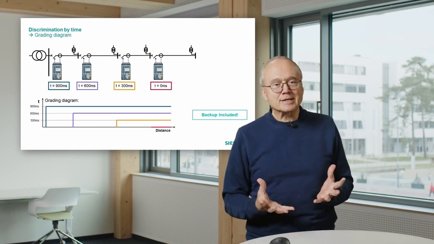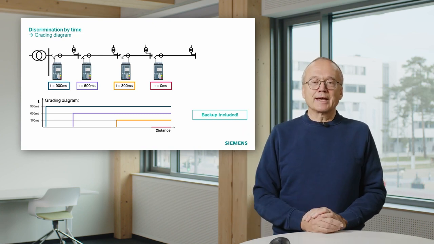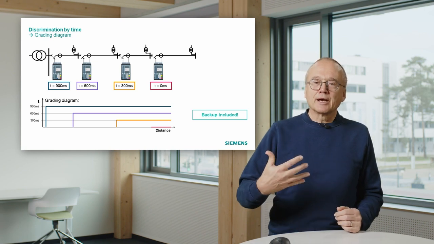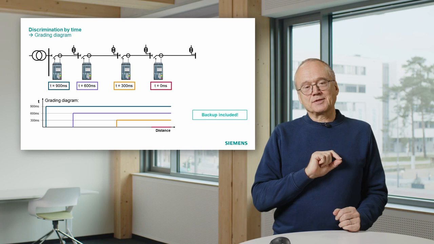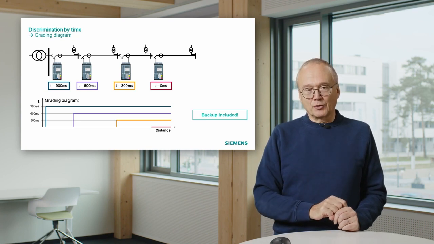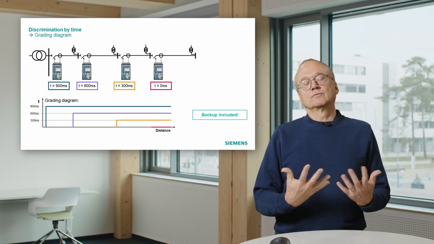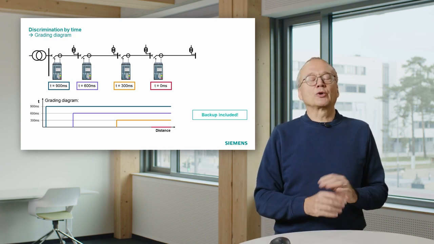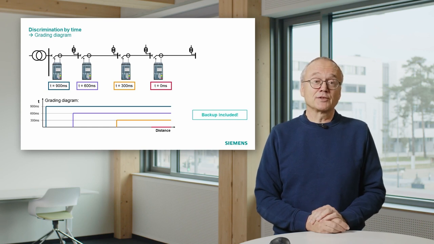That means the nice thing in this type of grading is you have automatically a backup included. You must be careful. In this case there's one exception. If we look at the cable on the left side, if we have a fault there, one not so nice thing is the tripping time is pretty long. It's 900 milliseconds.